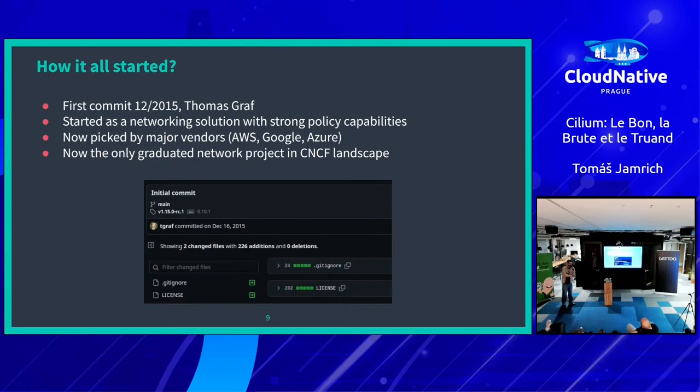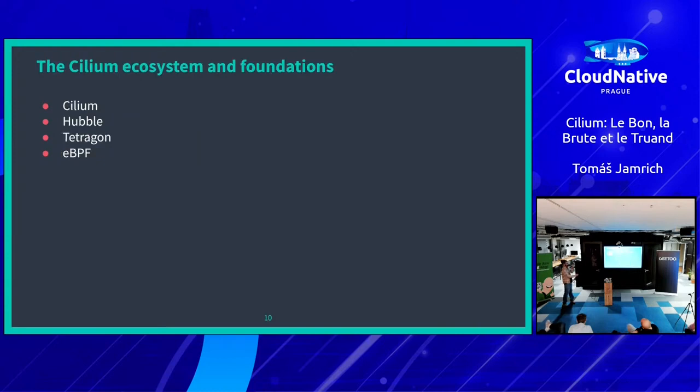Today, Cilium has been picked by all major vendors for their offerings. So now you can choose your SaaS solution for Kubernetes with this networking plugin. So you can try it out even with managed Kubernetes.